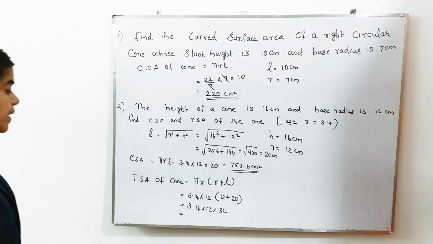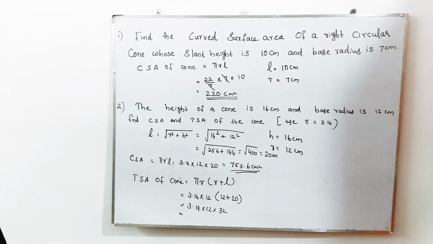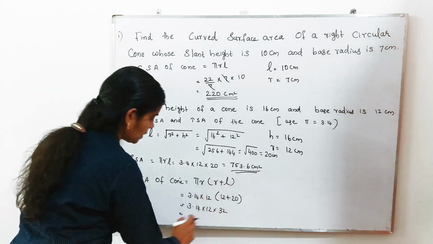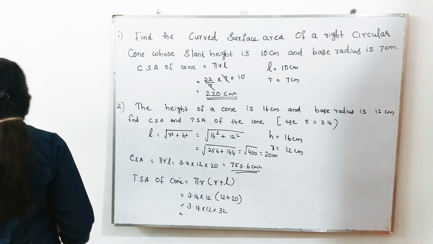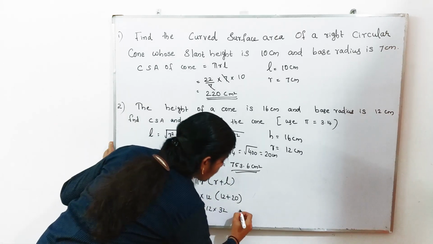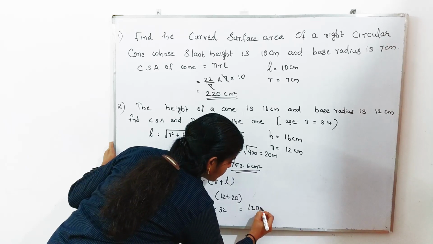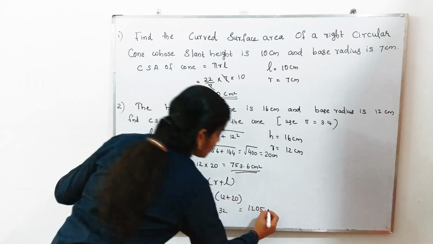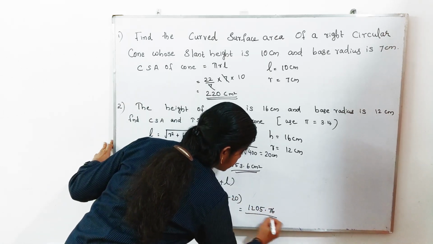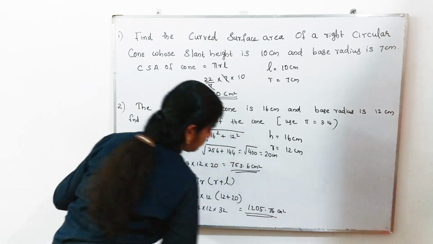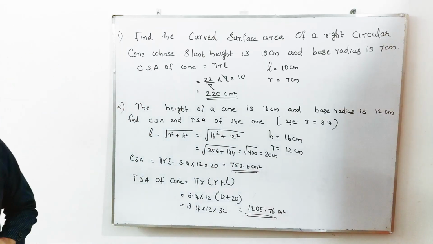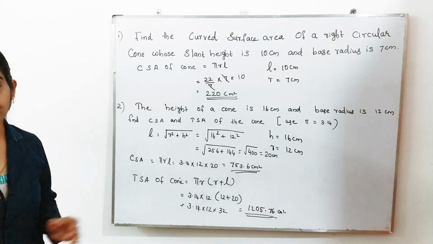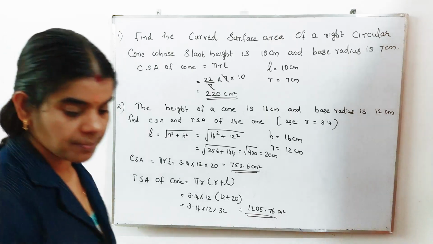Then 3.14 into 12 into 32, our answer will be 1205.76 centimeter square. Now you are clear about the TSA and CSA of a cone. We can do one more question.